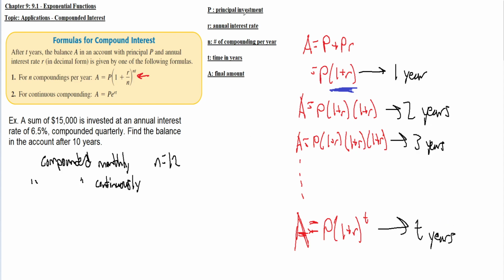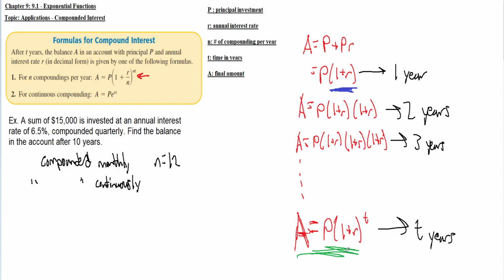But this formula here is only good for compounding annually, and that's not always what happens. Sometimes you have compoundings where you do it quarterly or monthly or semi-annually or continuously.